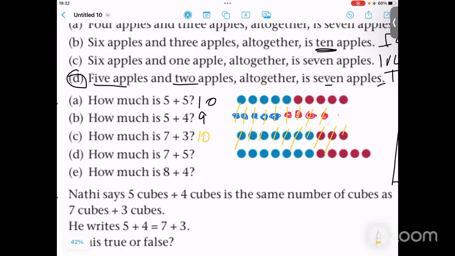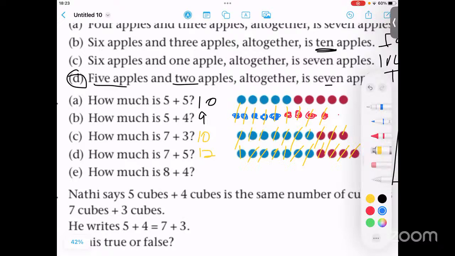Okay. Everybody says 12. So it's 1, 2, 3, 4, 5, 6, 7, 8, 9, 10, 11, 12. Perfect. So that means our answer here is going to be 12. Now, how much is 8 plus 4?